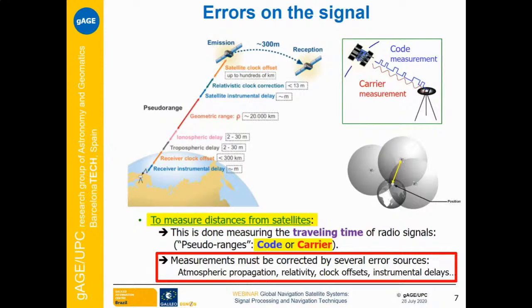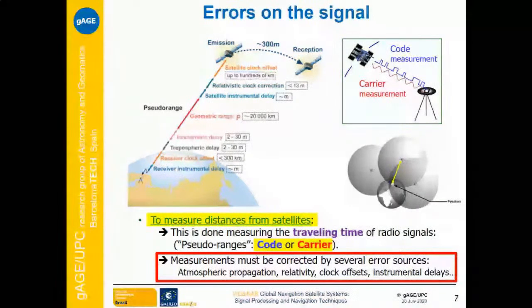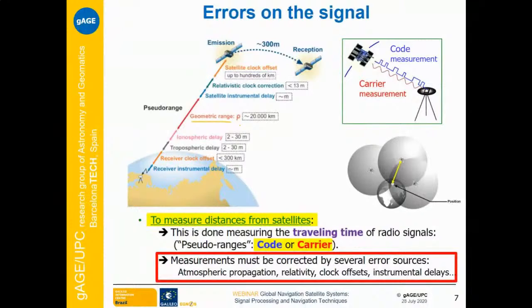We can see in the left plot, together with the geometric range, which is what we are interested in measuring, all the sources of errors. We have errors at the satellite, relativistic errors, instrumental delays, and so on. We will see all of them and how we can remove them.